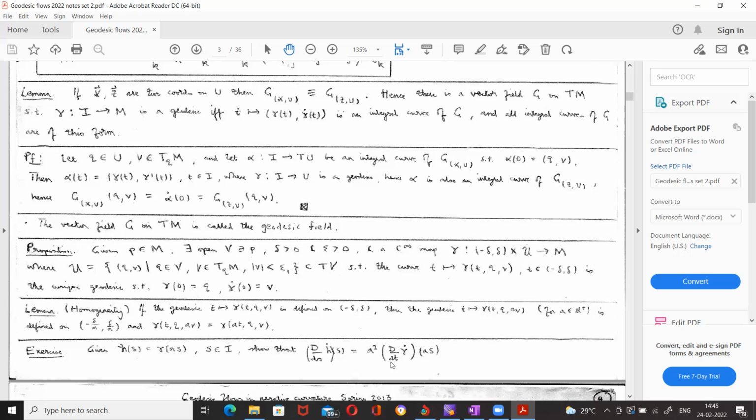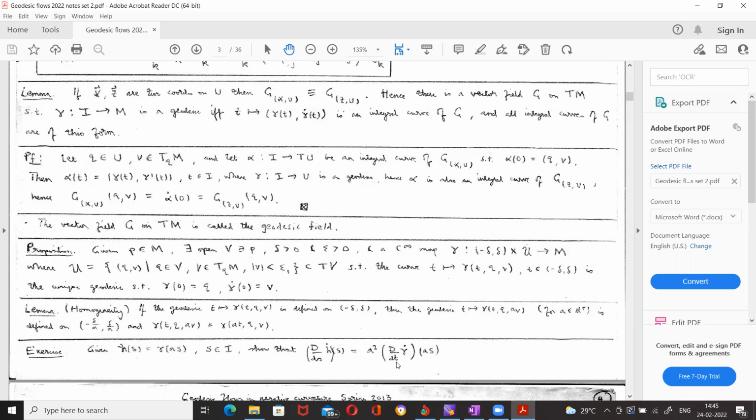On the right-hand side, this is D/dt of gamma dot. T is a dummy variable, not equal to s.